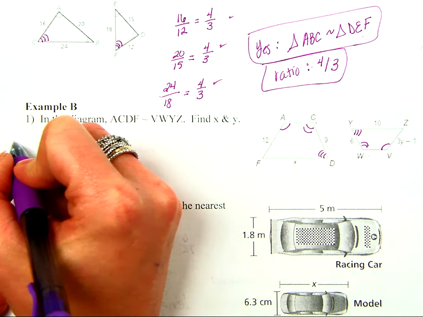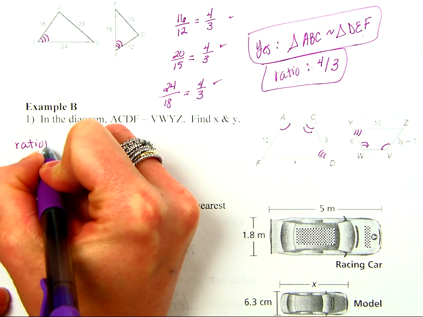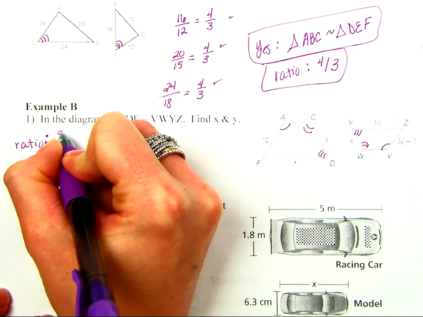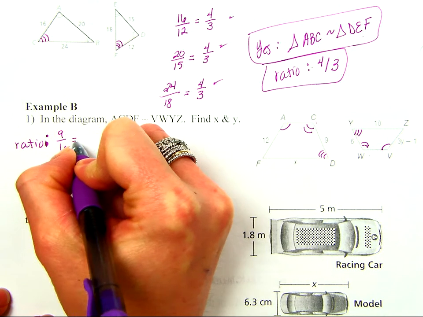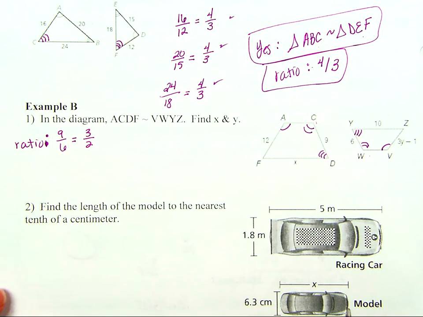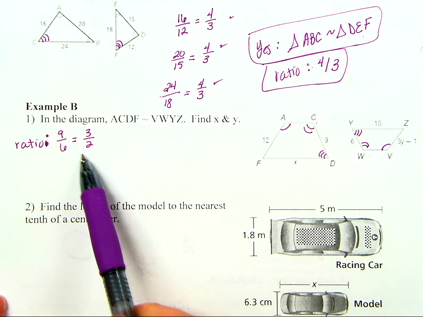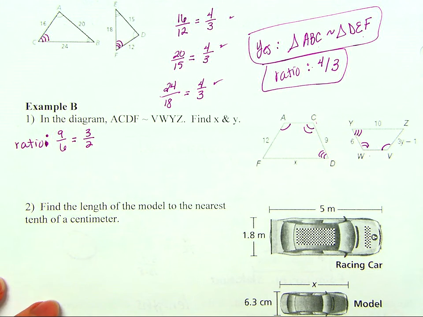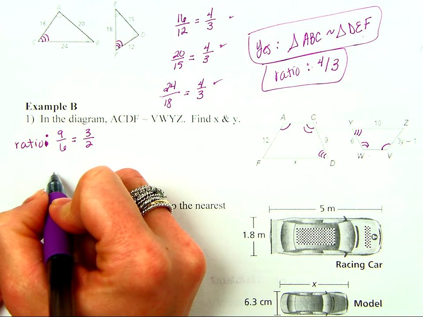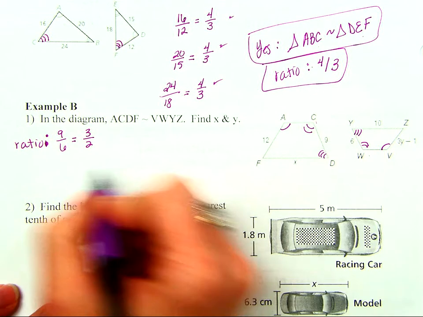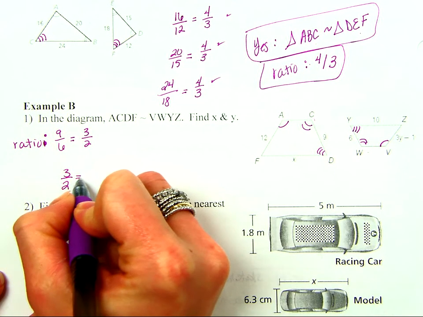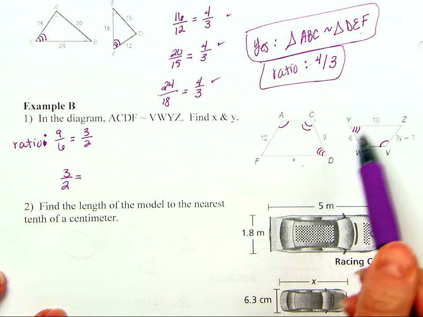That actually tells me my ratio of 9 to 6 would be a ratio of 3 to 2. I can use either or in my calculations, but if I were to set this up, I know that ratio, 3 to 2, is going to have to hold true when I'm solving for x.